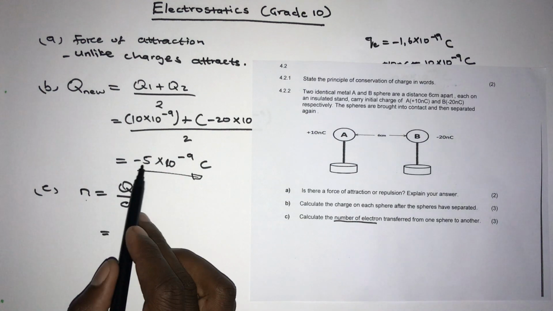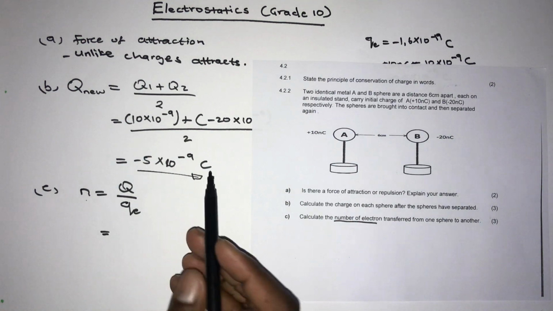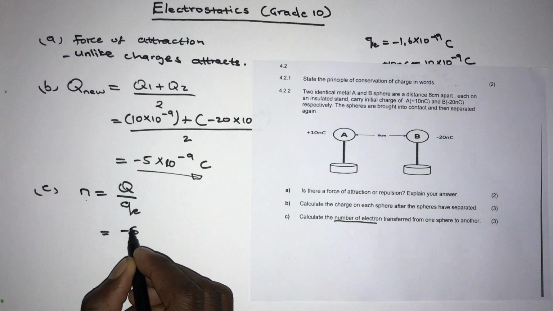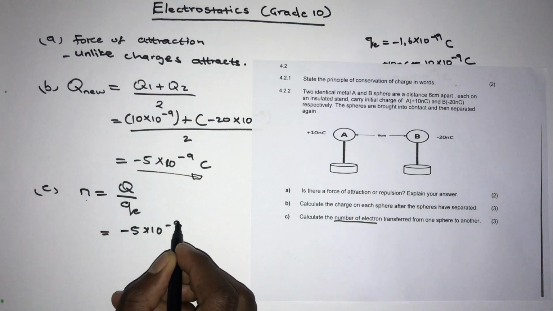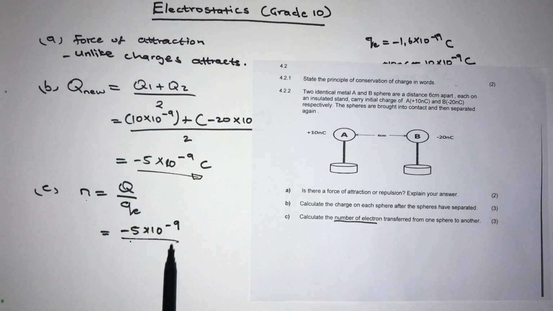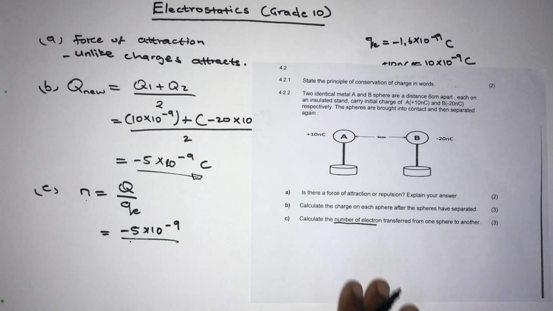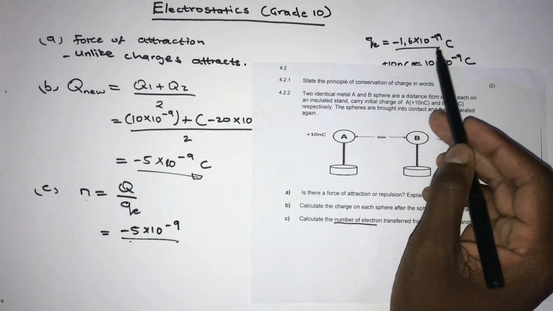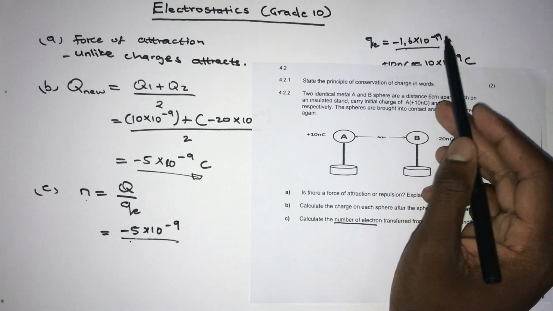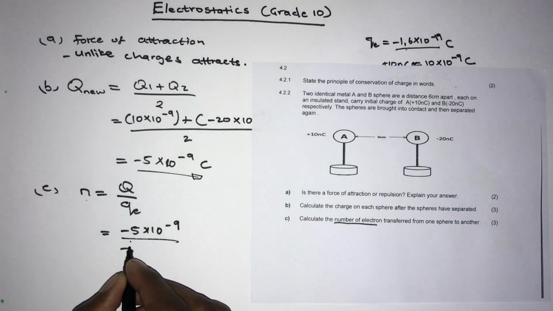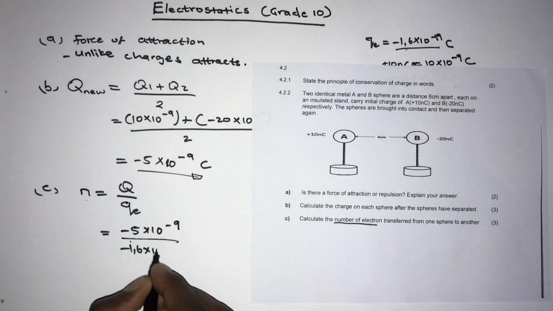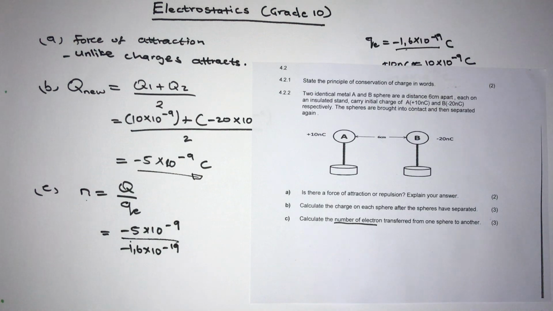So the new charge is negative 5 times 10 to the negative 9, sorry, not 19. Then the electron charge, we said, is negative 1,6 times 10 to the negative 19.